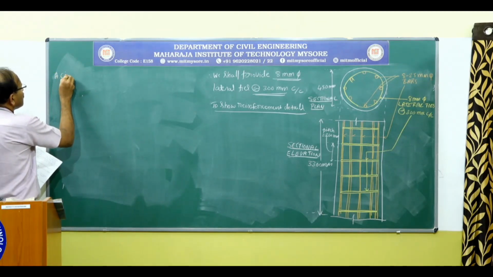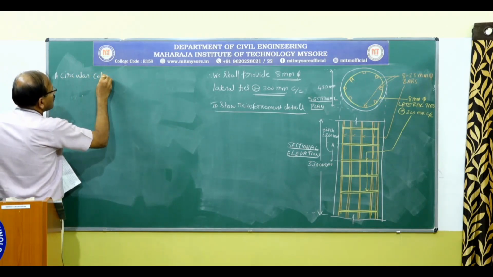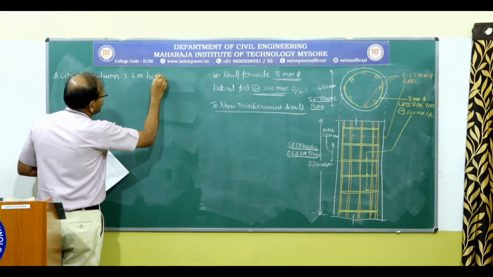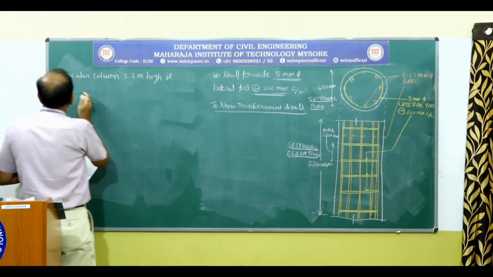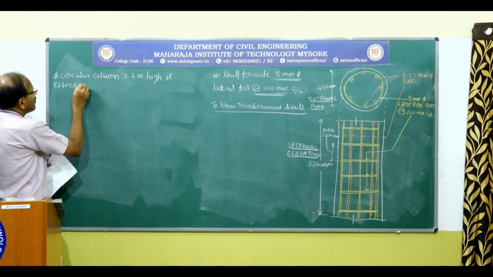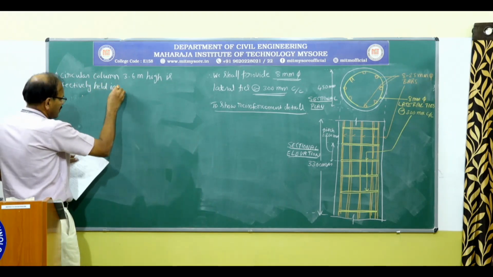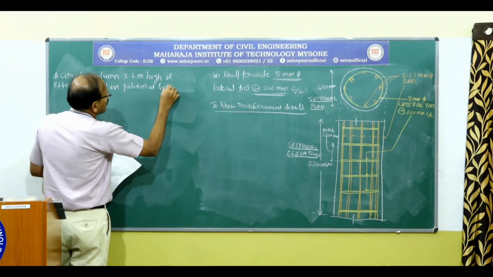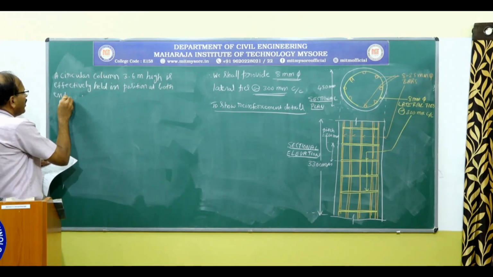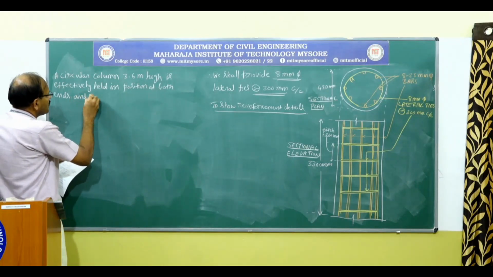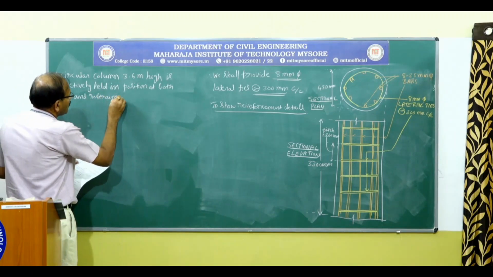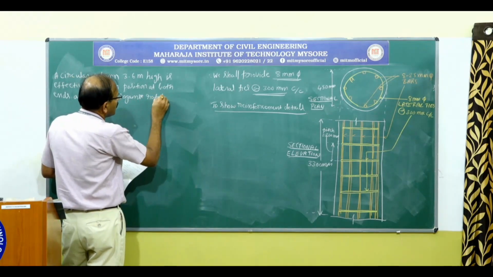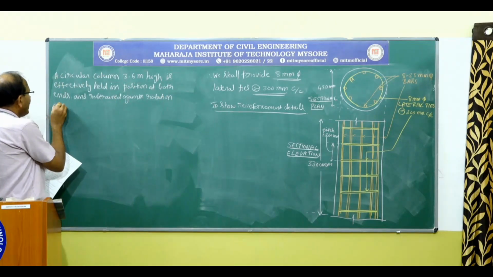A circular column 3.6 meter high is effectively held in position at both ends and restrained against rotation at one end.